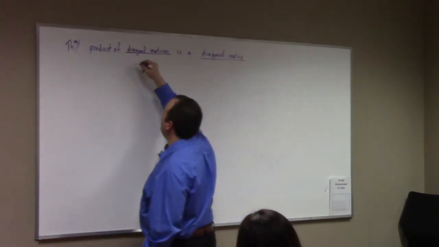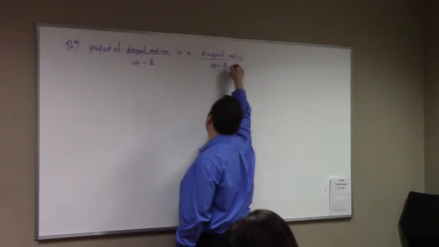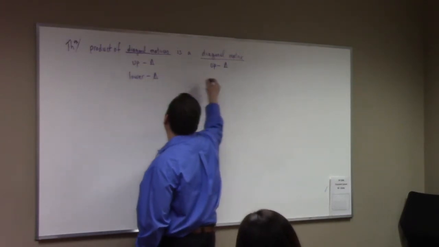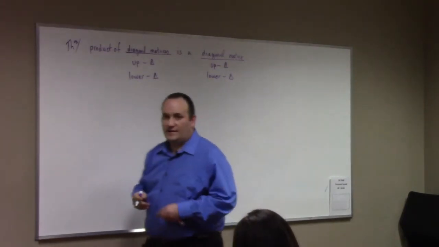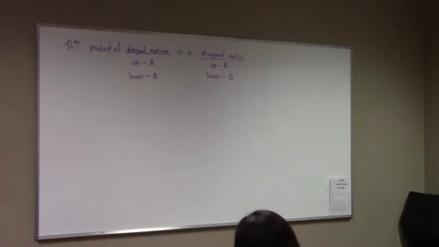And the same is true if we put upper triangular, or if we put lower triangular. And you could add the caveat strictly. The product of strictly upper is strictly upper. A product of strictly lower is strictly lower.